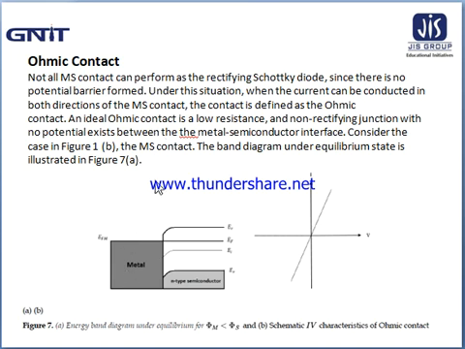Now, an ideal ohmic contact is a low resistance and non-rectifying junction with no potential barrier between the metal and semiconductor interface. Now, consider the case in figure 1b.